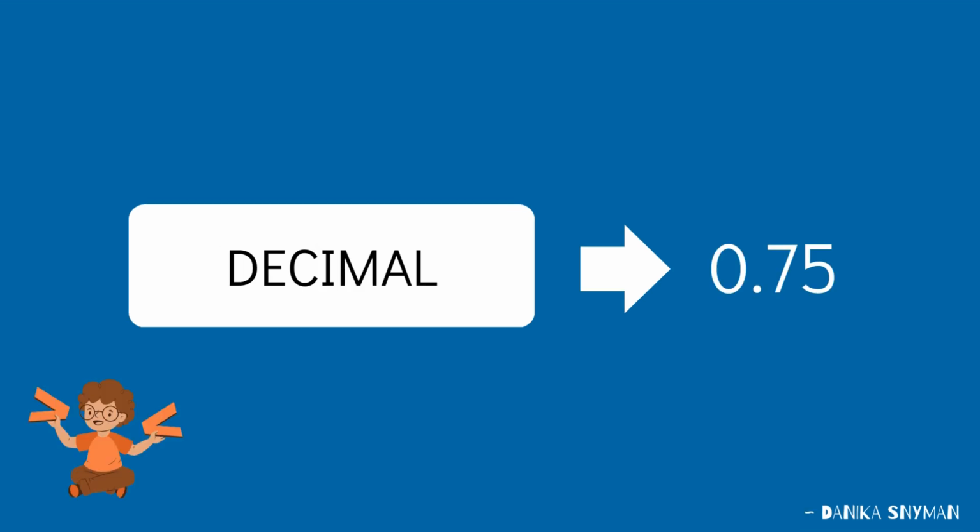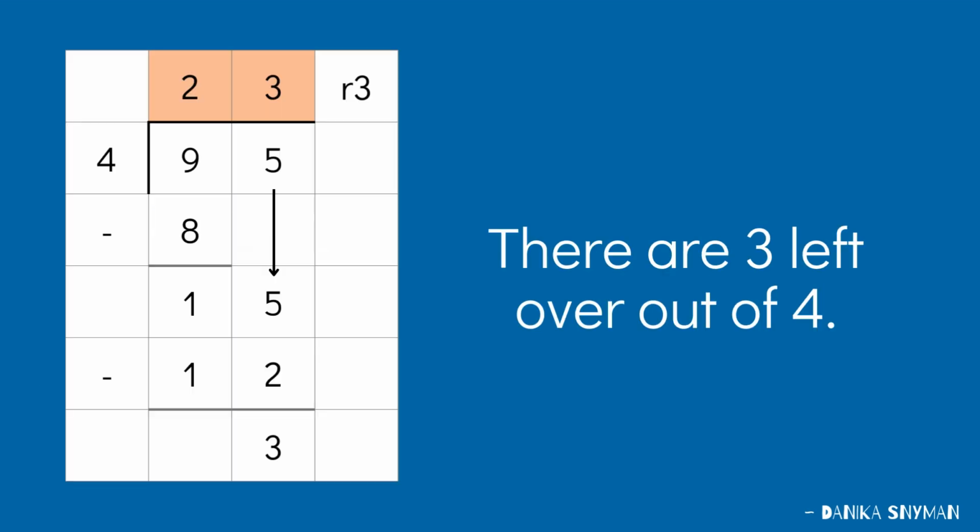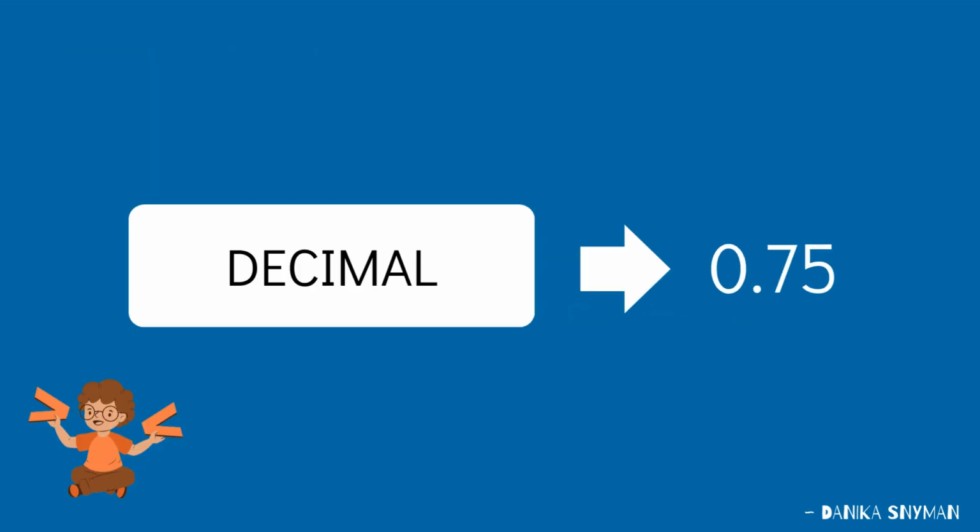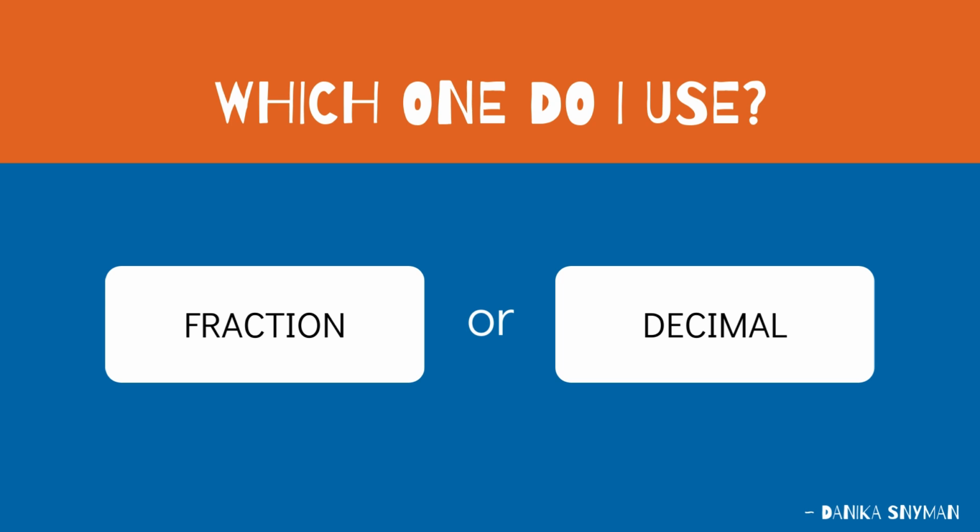Again with the decimal, how we will write it is 0.75. So if you want to show it in that previous example we did here, then we will say it is 23.75 as a decimal. So which one do I use?